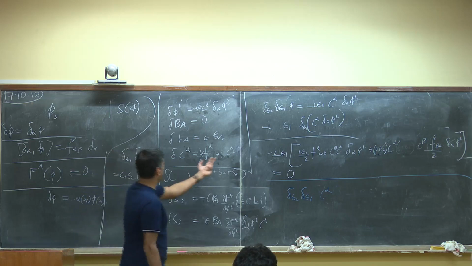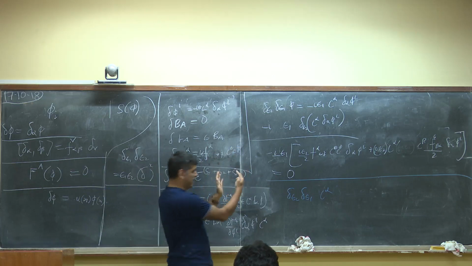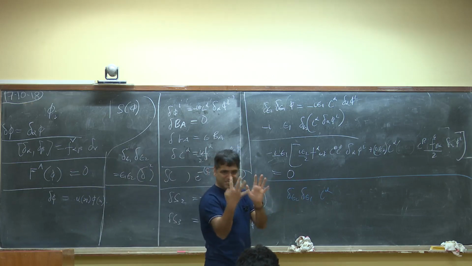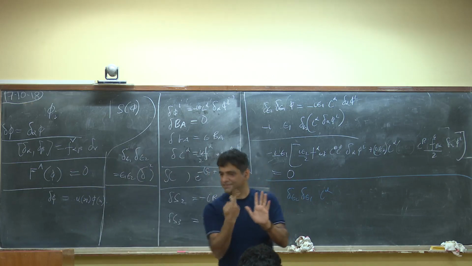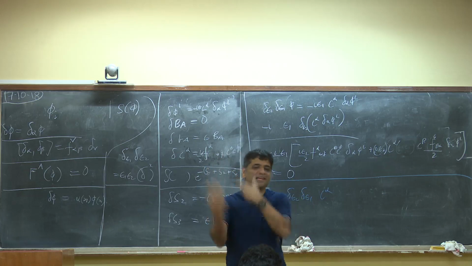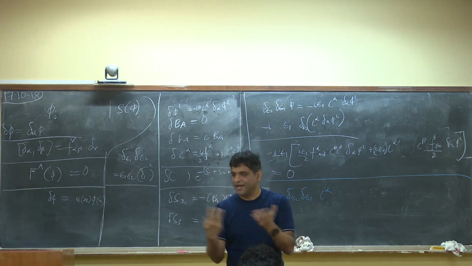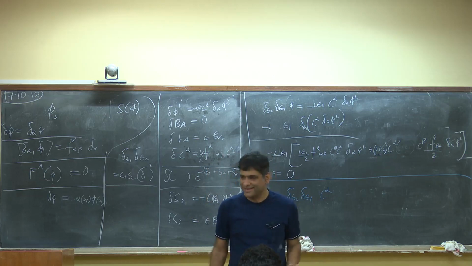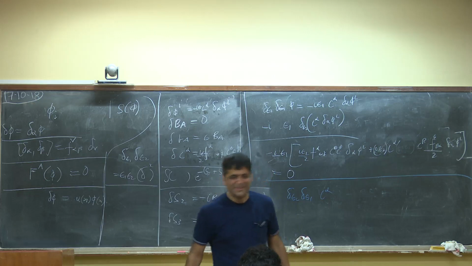Okay? Now, when you do this, you pull those three C's out. This product of two F's will come in a combination that will have the symmetries that are relevant to the Jacobi identity. And so the Jacobi identity will make it 0.